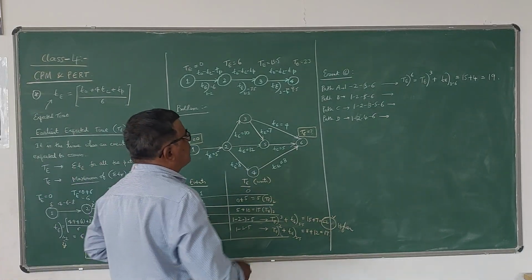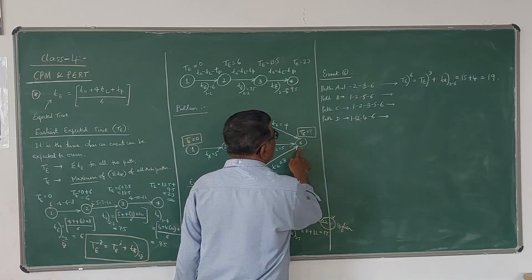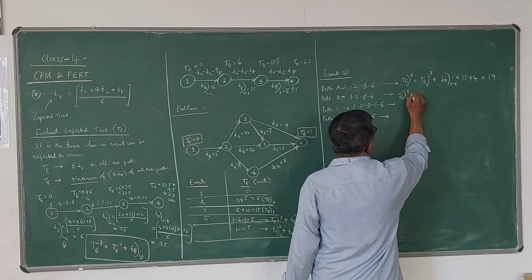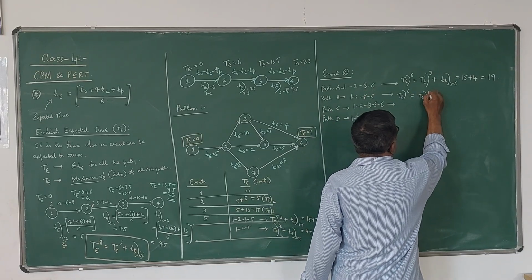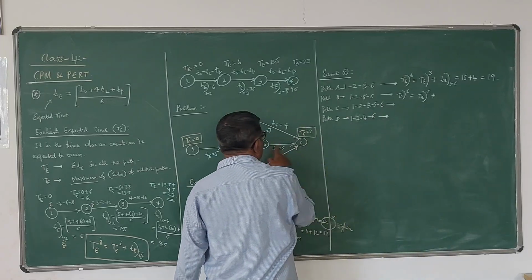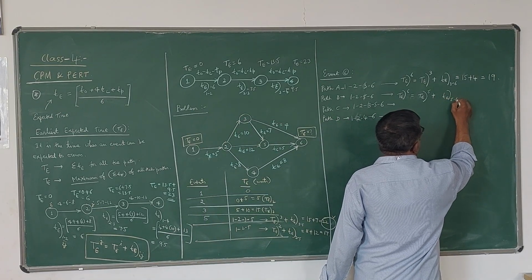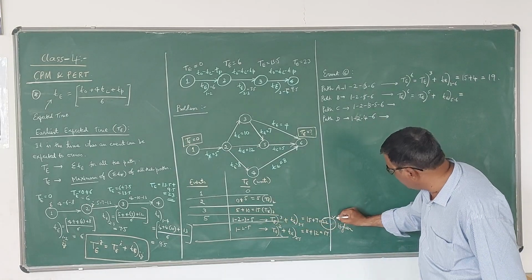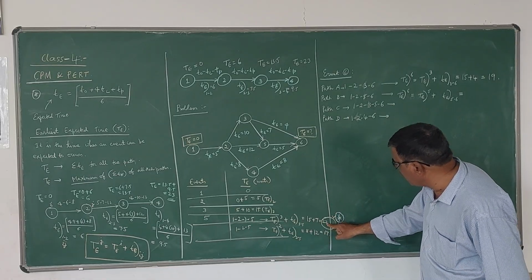Now for the second path 1, 2, 5, 6, TE6 is equal to, here the predecessor is 5. So TE5 I have to take plus small t of 5, 6. For T of 5, we should be careful here: the highest value I have to take, so we have to take 22.